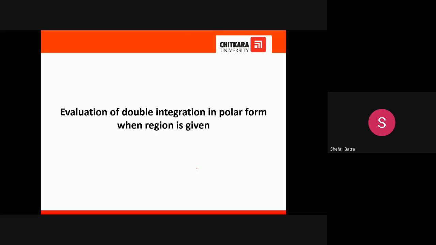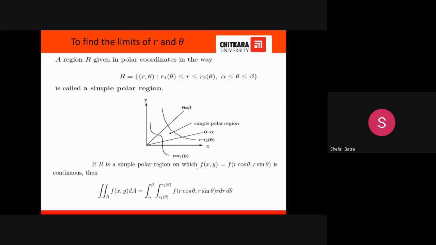Now, come to this. Evaluation of double integration in polar form when the region is given. First of all, we'll discuss how to write the limits. This is the region in polar coordinates. r is lying between r1(θ) to r2(θ) and θ is lying between α to β. So this is any curve, r is equal to r2(θ), and this is another curve, r is equal to r1(θ).